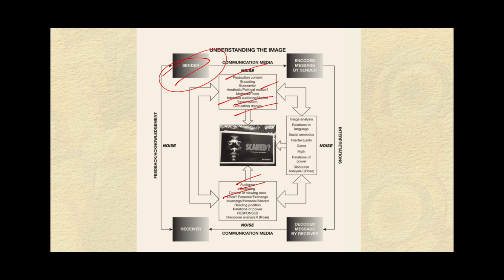Are they coming from shared meanings, or are these personal meanings that they're using to decode that information? And then what is the relation to power? For example, if someone in power gives you a particular visual, are you more likely to believe what that visual is telling you?